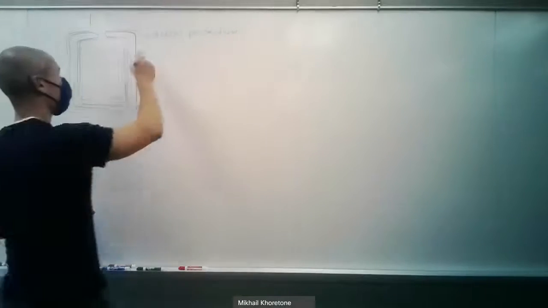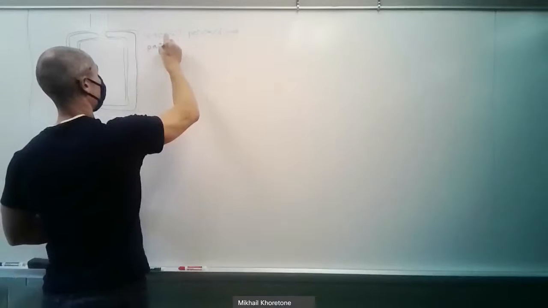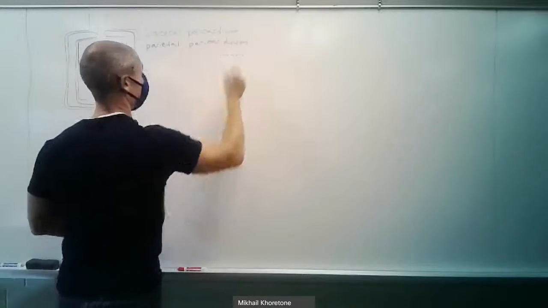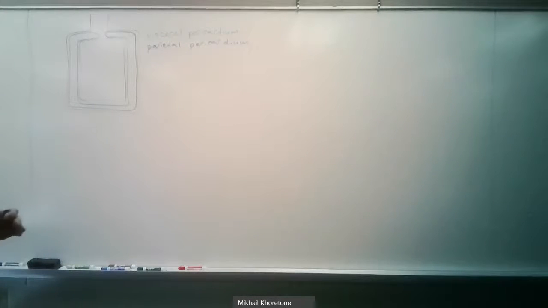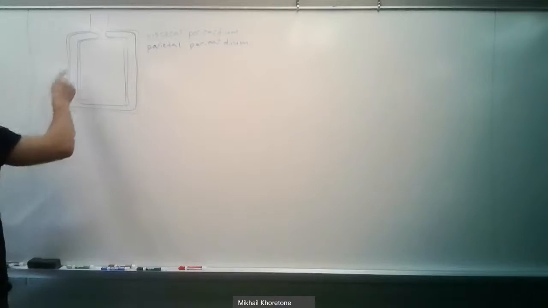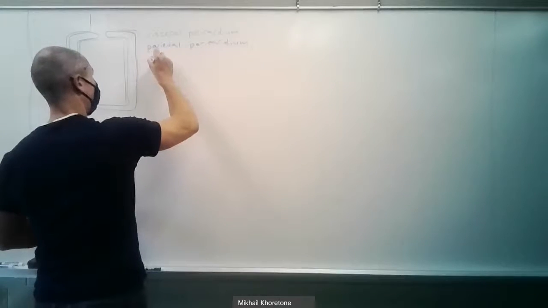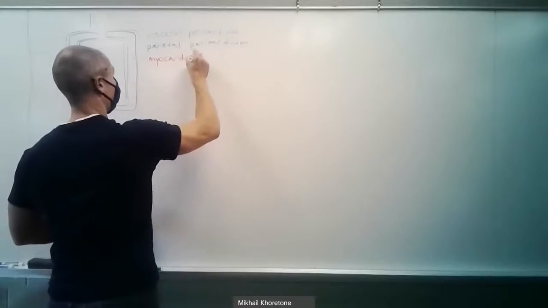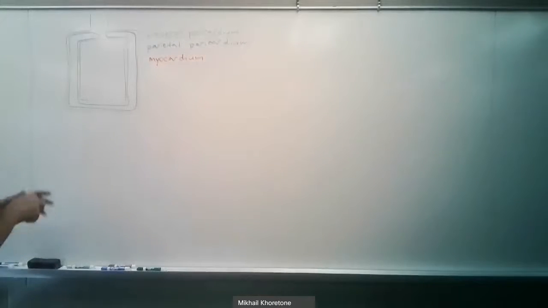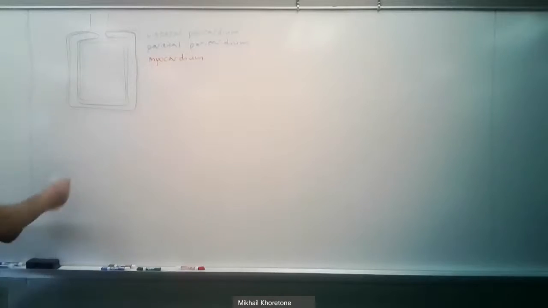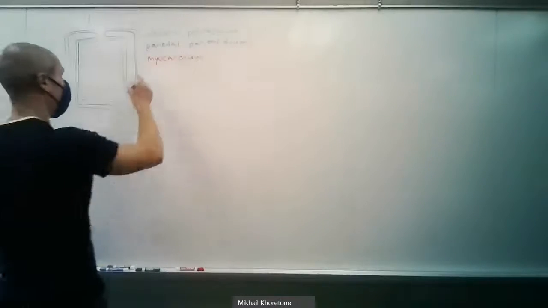Okay. Does that make sense so far? Now, the red line, I specifically make it represents the muscle of the heart, which we call a myocardium. Okay. And then on the inside, the heart is covered with a layer of simple squamous epithelium called endocardium.